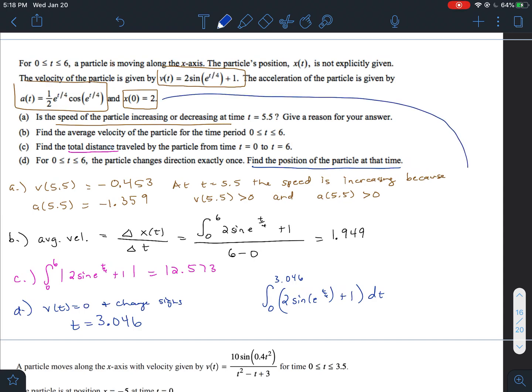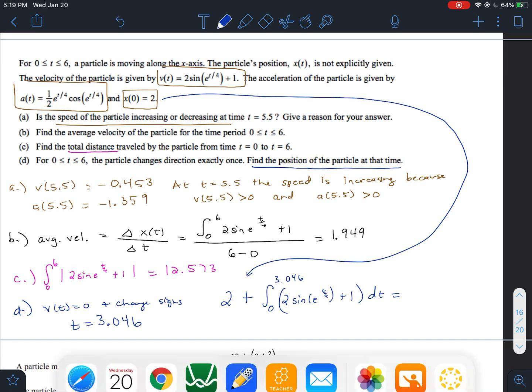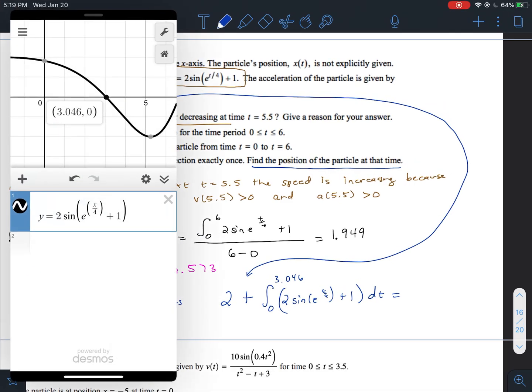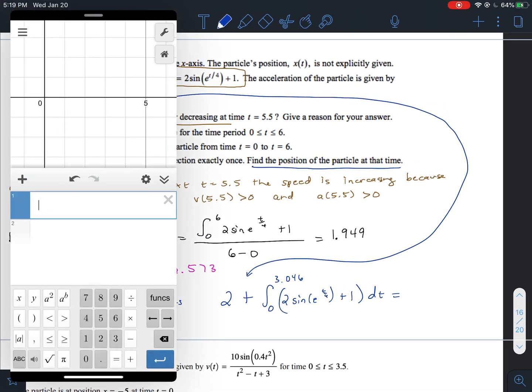But the particle has an initial displacement. So at the start of the problem, the particle is already 2 units to the right. So it's going to be 2 plus however far the particle travels, or its displacement between 0 and 3.046 seconds. So again, we're going to use our calculator now. So it's going to be 2, so that's the initial condition.